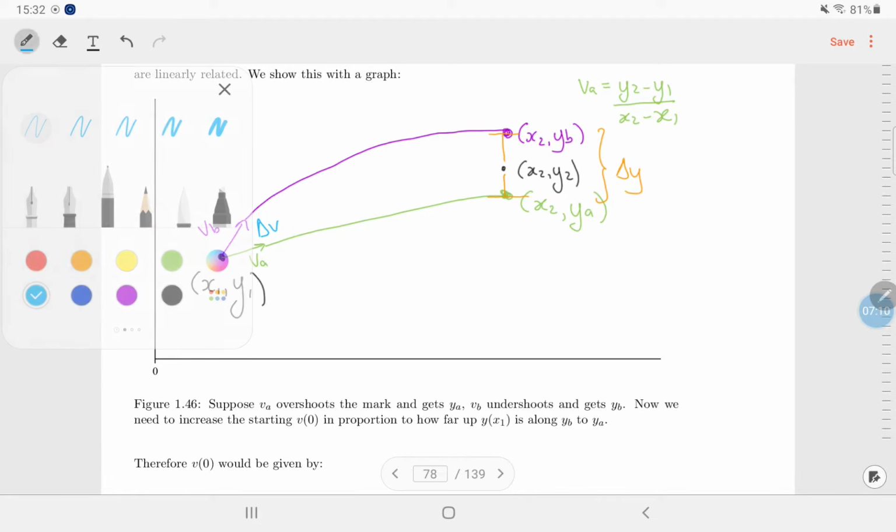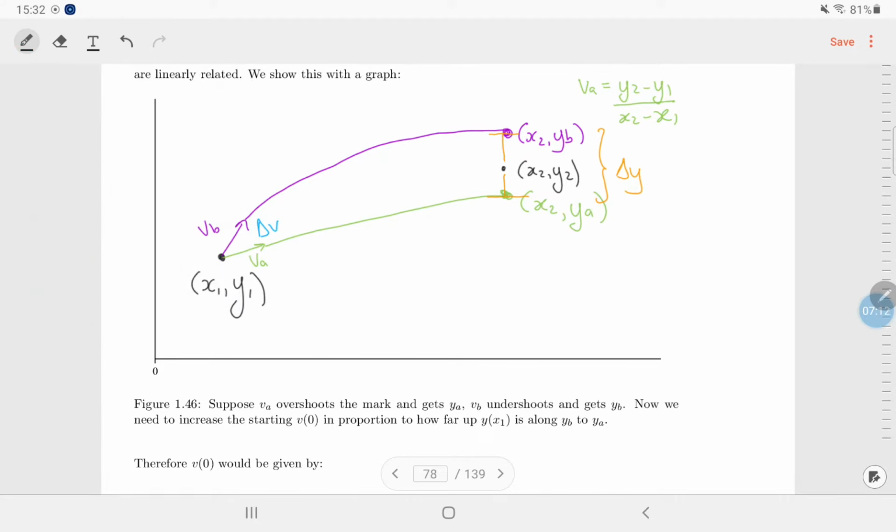And the formula, which, remember, you don't have to learn off or anything, is that the correct slope that will hit it is the bottom slope, plus a certain proportion.